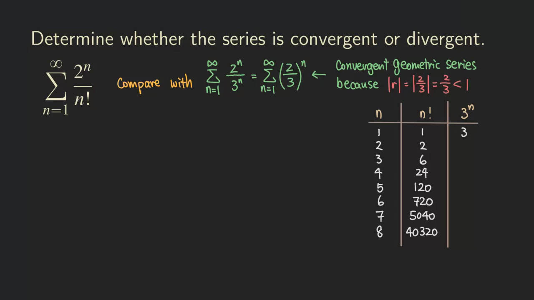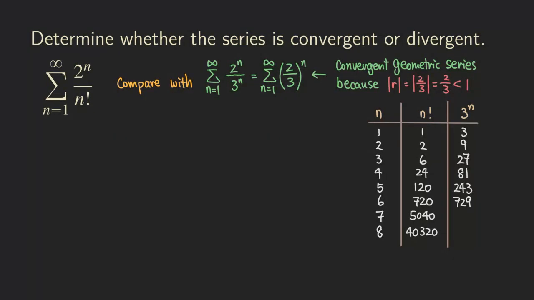We have 3 squared, which is 9. 3 cubed is 27. 3 to the fourth power is going to be 81. 3 to the fifth power. Actually, we can just keep multiplying by 3 from the previous number to get the next one, right? So 3 to the fifth is 243, and then multiply by another 3 here, we get 729.